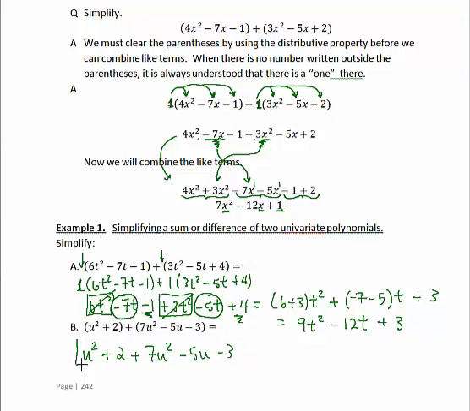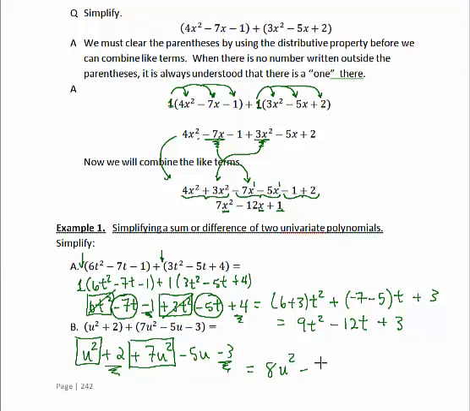We pick out our like terms, u squared plus 7u squared, and then we have a 2 and a minus 3, and the negative 5u has no other terms that are like it. Okay, so nothing's going to change about the minus 5u, but we can add the 1 and the 7 of the u squared to get an 8u squared.